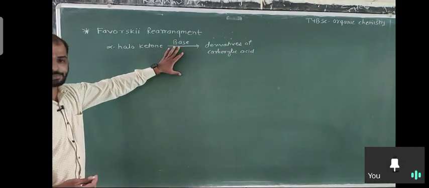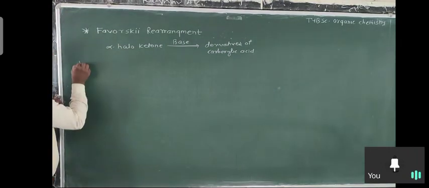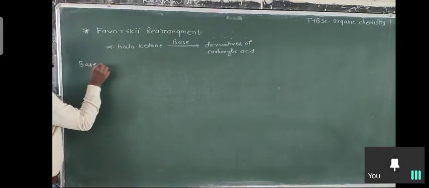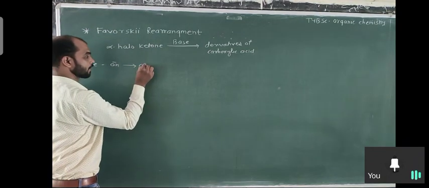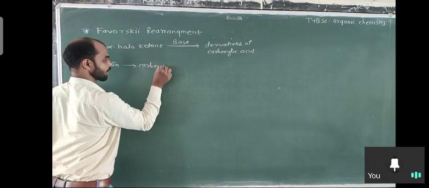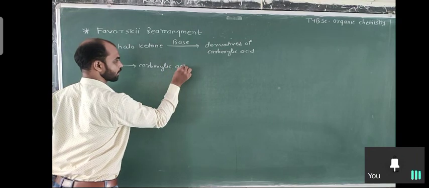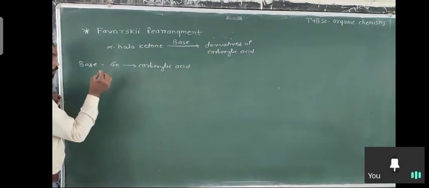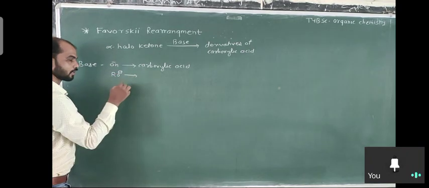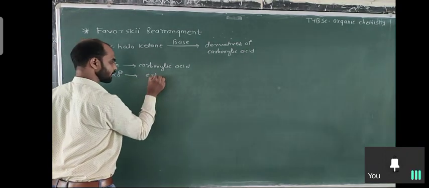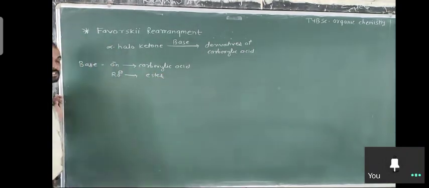So various bases are used. If the base is hydroxide, the product is carboxylic acid. If alkoxides, RO minus, are used, then the product is an ester.